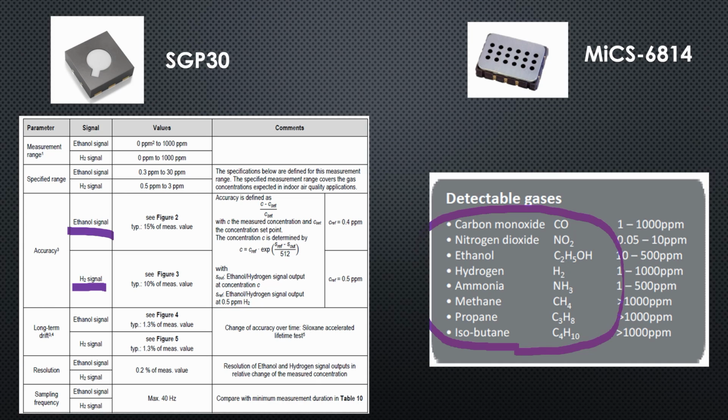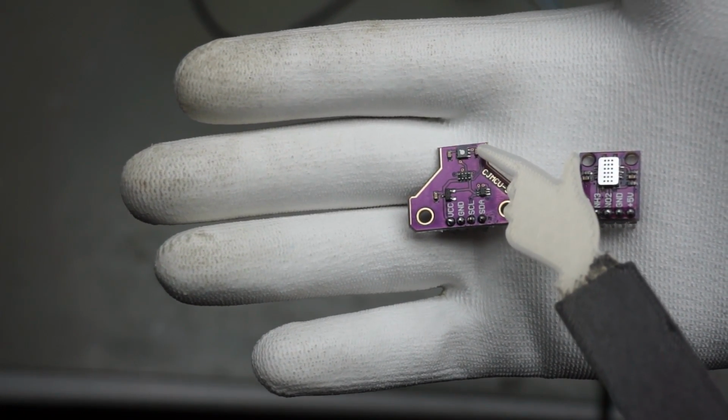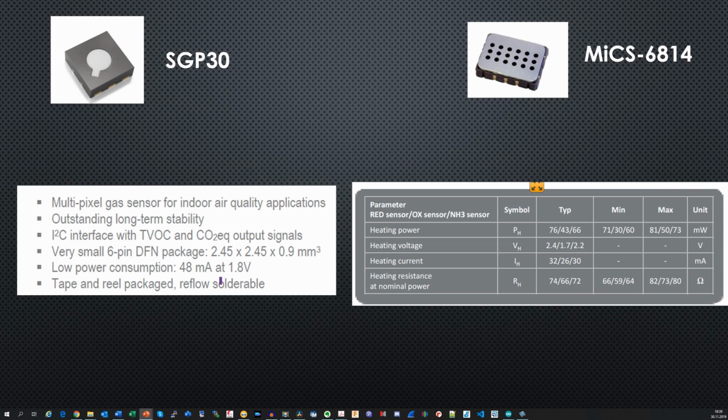Both sensors use a so-called hot plate with a metal oxide surface to detect these gases. Fortunately, the SGP30 is tiny, so the heating of the hot plate only takes 48 mA. The MICS6814 consumes around 100 mA. These are also not sensors for battery-operated devices. The SGP30 runs on only 1.8 volts, but the breakout board has a voltage regulator and level shifters and works with 3.3 and 5 volts.